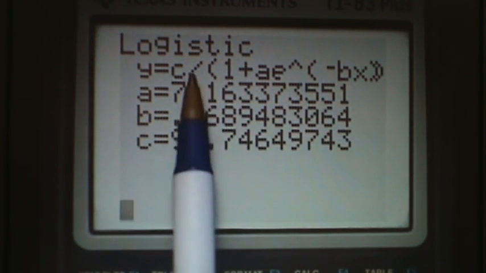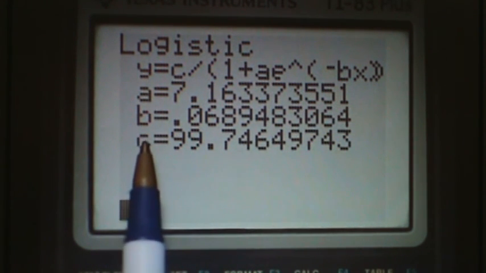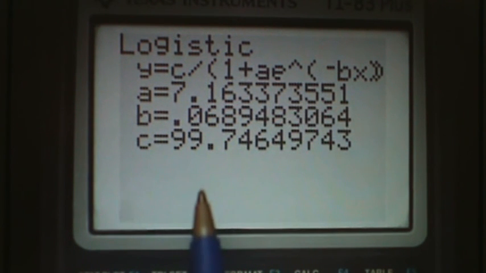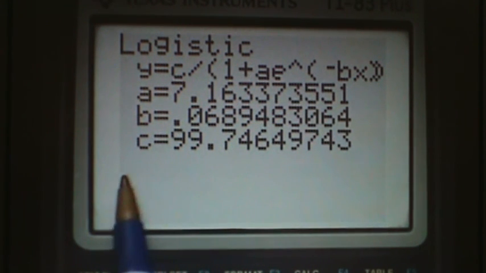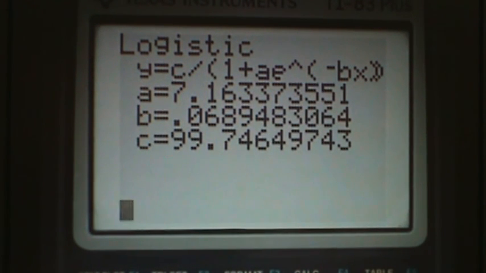Here's the form of the algebraic model, and here are the values of A, B, and C within the model. Now, notice that even though I have diagnostics on, there is no R squared value here, but we can see the goodness of fit by overlaying it onto the graph of the scatter plot.